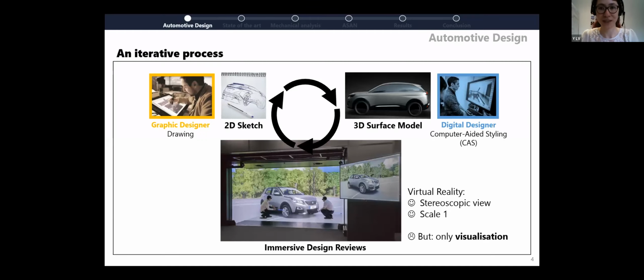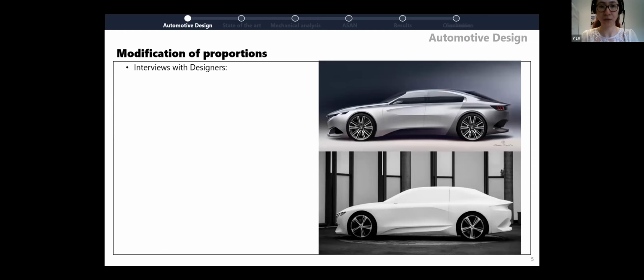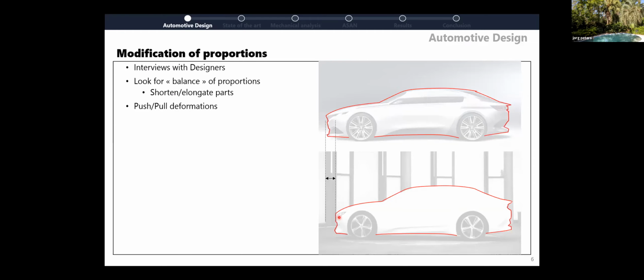So the design process is led by design review, nowadays often done in virtual reality. However, in the current system, we cannot modify the shape. So based on interviews with several professional designers, we decided to focus first on modifying the proportions, for example, to shorten or elongate some parts.